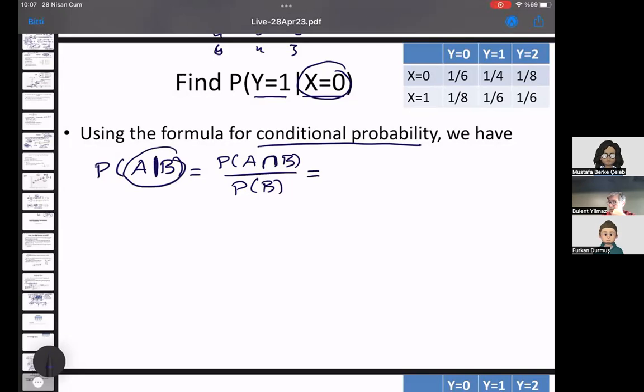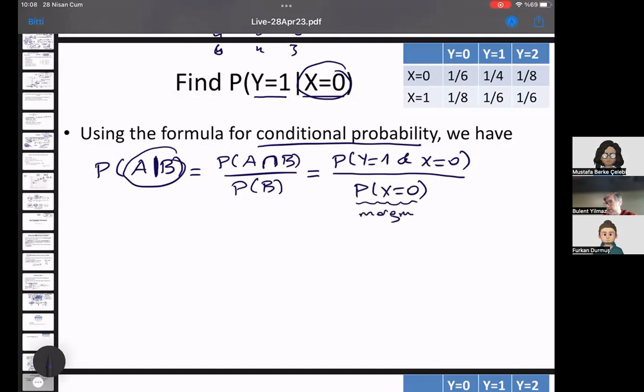So what is the probability of y equals 1 and x equals 0 divided by probability of x equals 0? Probability of x equals 0 is a marginal PMF. And y equals 1 and x equals 0 is 1 over 4. What is probability of x equals 0?